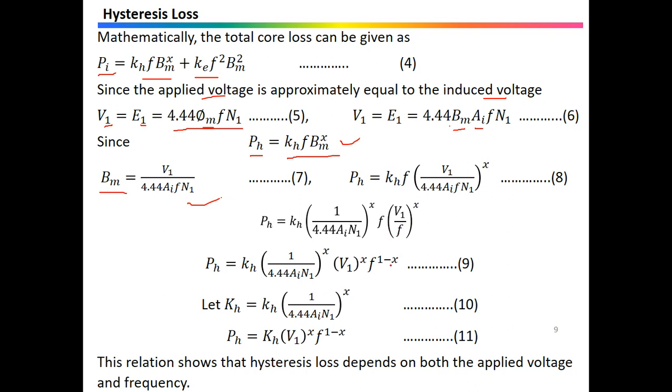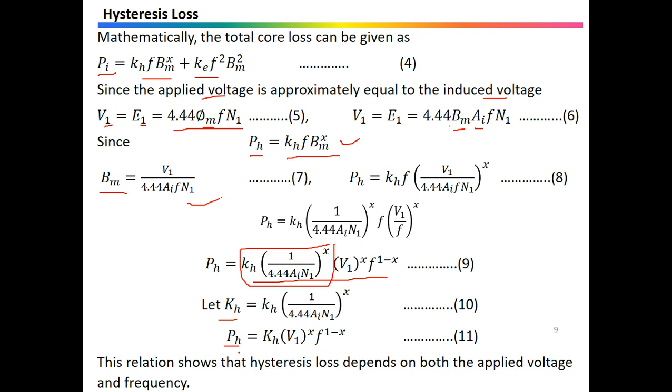Since the bases are the same, the powers will be added, so we will get this expression. Now, suppose this whole expression is considered as a new constant, capital KH. It gives us that the hysteresis loss is nothing but this constant KH, V1 raised to power x and F raised to power 1 minus x.